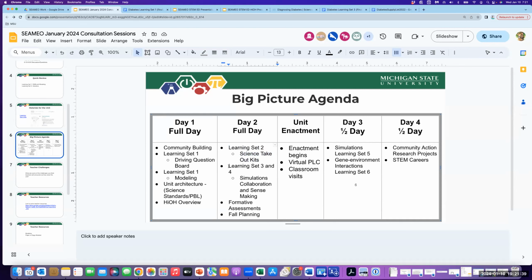We also, on day two, go through learning set 3 and 4, which is the simulations, the genetic pedigree. It's also the first time that students are introduced to the idea of gene and environment interactions. And it's really about thinking about the simulations, thinking about collaborations, and sense making.